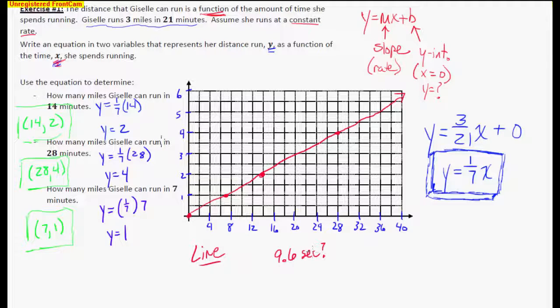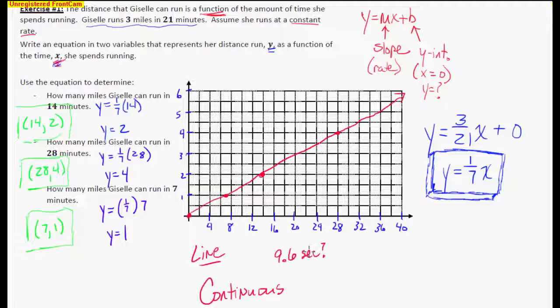You know, could you plug that in, and would that make sense, the answer that they give you? Sure. You can plug in a decimal amount of seconds, all right? And you can plug in pretty much any amount of seconds. It can be any decimal that it wants. So I'm going to say that this is a continuous function, okay?